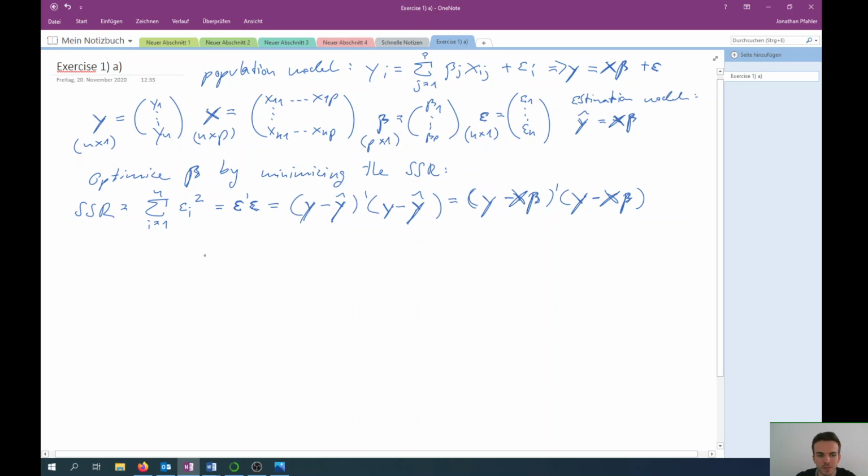Okay, now we want to minimize this with respect to beta, so the vector of our betas. And now let's do this by the first order conditions.